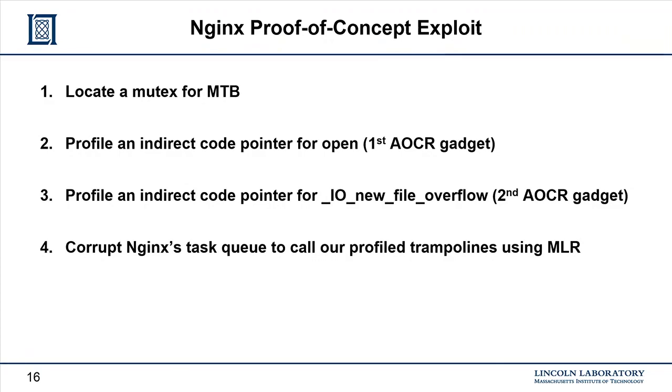And then we profile another indirect code pointer for writing to a file that we can open. And then we corrupt Nginx's task queue in order to call these AOCR gadgets one after another and implement the malicious behavior using malicious loop redirection. We have also created another exploit against Nginx and one against Apache. All the details are available in the paper.